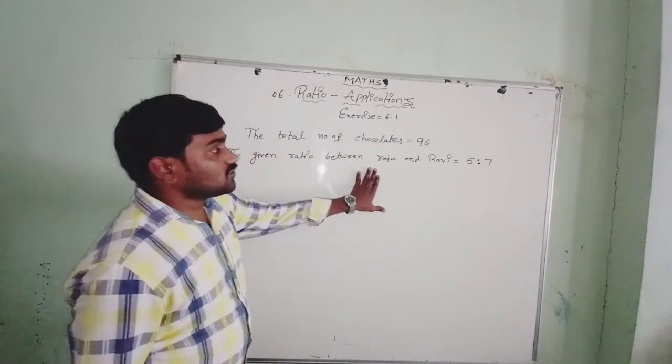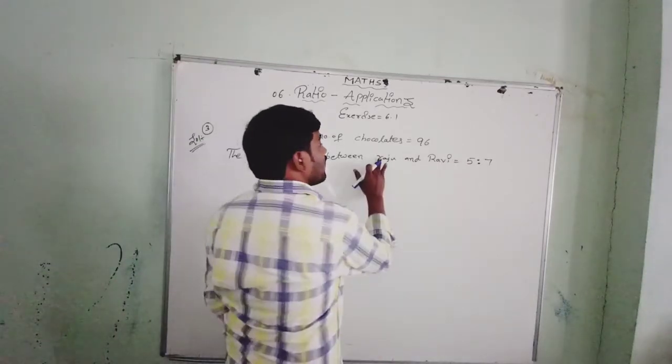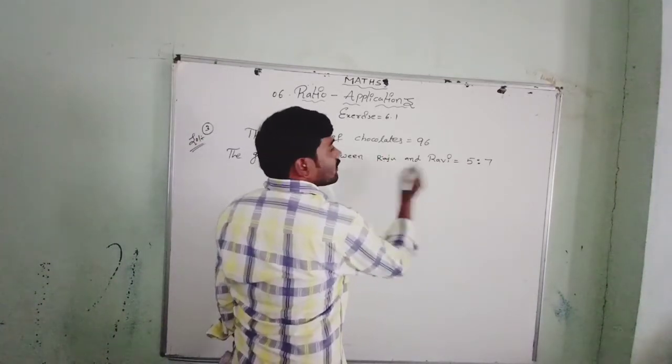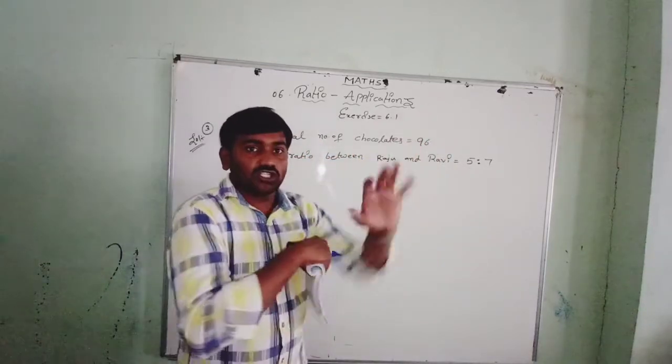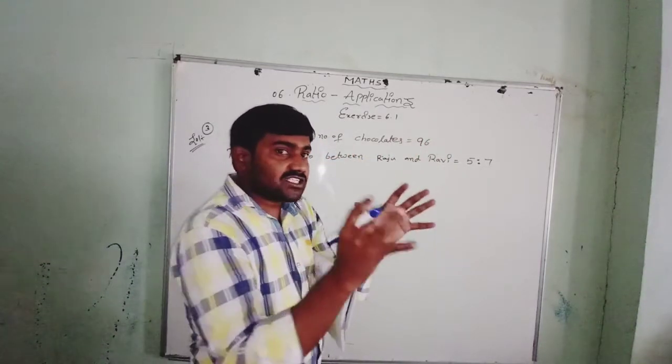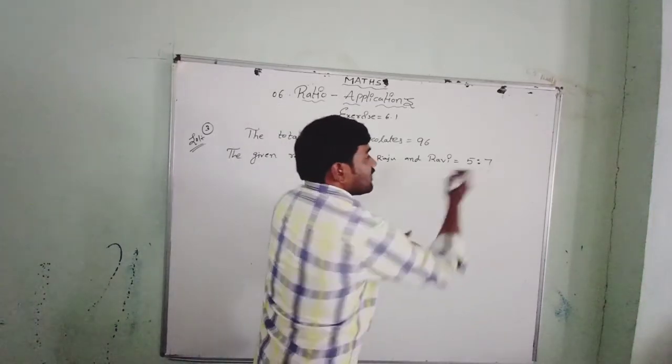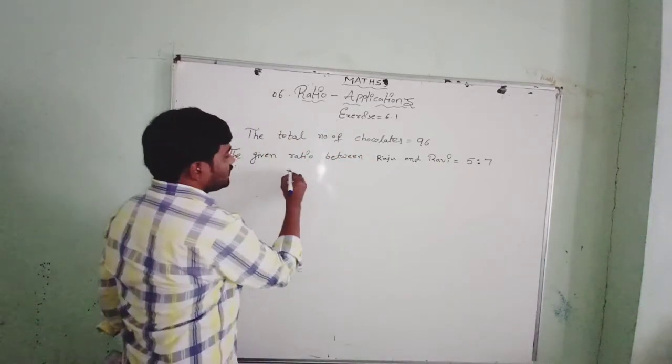Raju will have 5 parts of chocolates and Ravi will take 7 parts of chocolate. That means these 96 chocolates we have to divide by the sum of the ratio, 5 plus 7, 12.